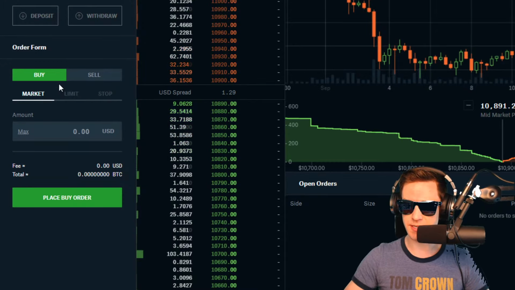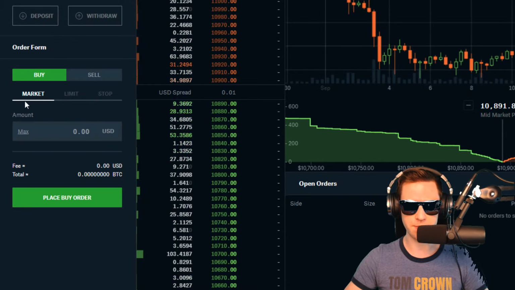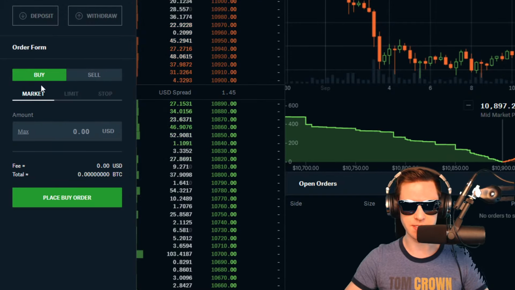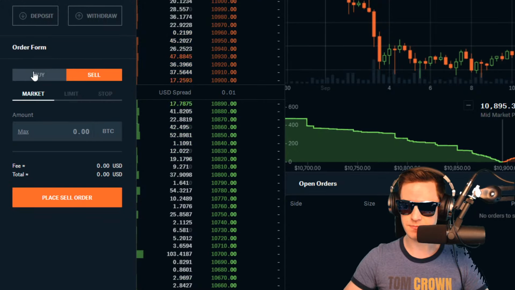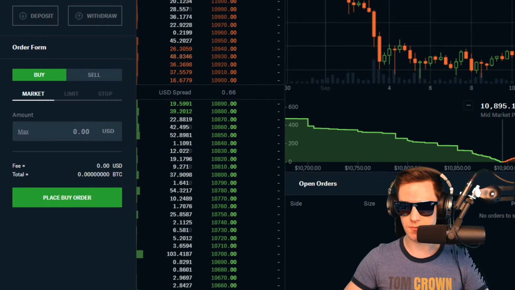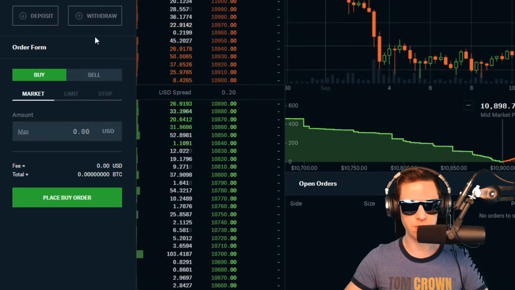So first, we're going to look at the market order, the simplest order type. It takes the least amount of information and the least effort to do. In each of these three, there is a buy and sell option, which you can toggle right here. The pair that we have selected here is Bitcoin USD.